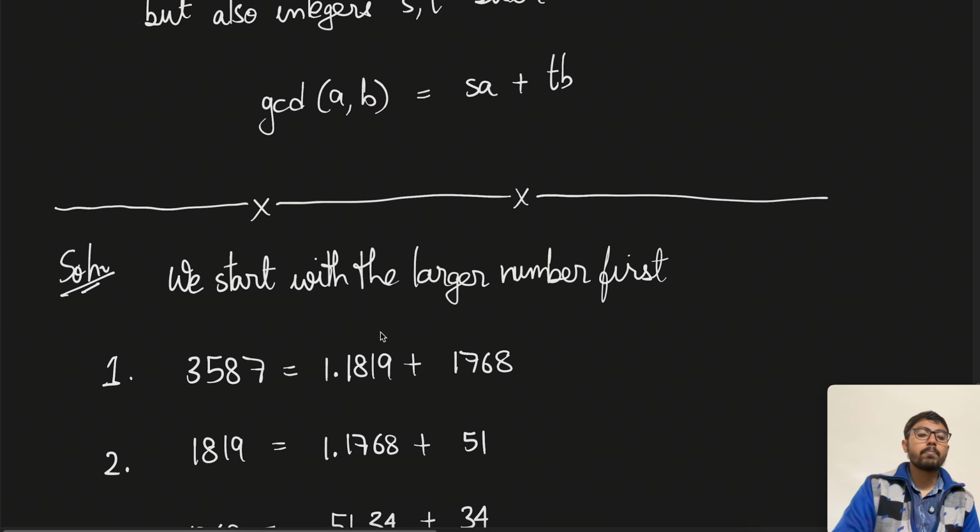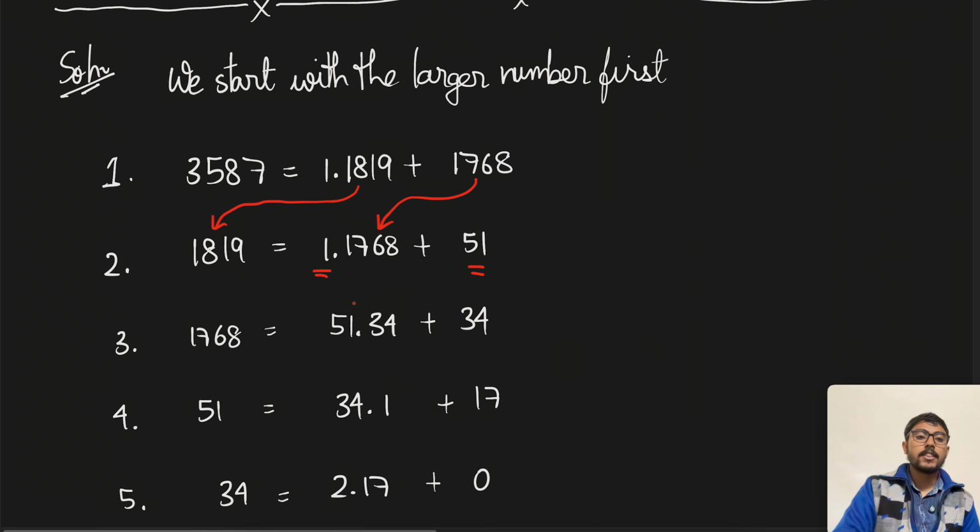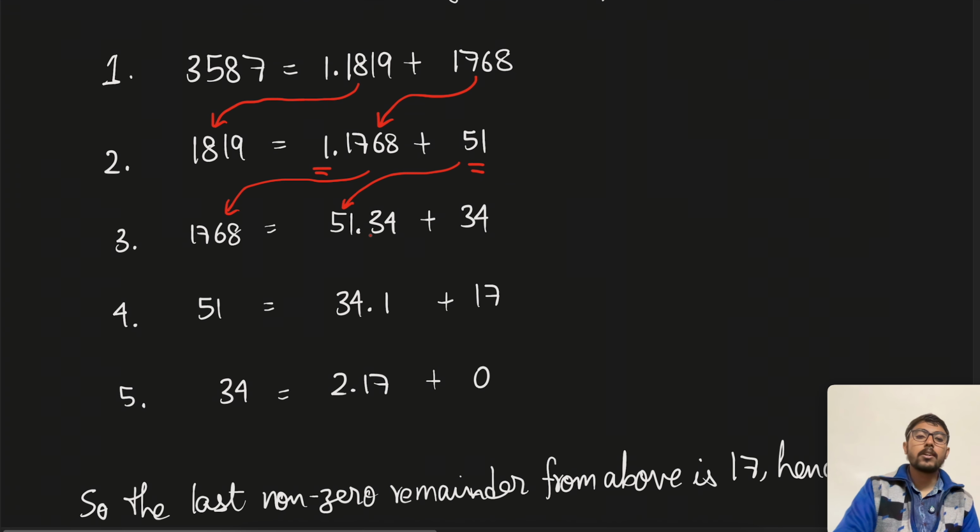Simple calculation. In step 2, we'll take the numbers from here, right, and then try to find these numbers, the q and r, right. Similarly, in the next step we'll do the same and continue to find the quotients and remainders in this order. In the fifth step, when we land, we see that we got the remainder 0, right.